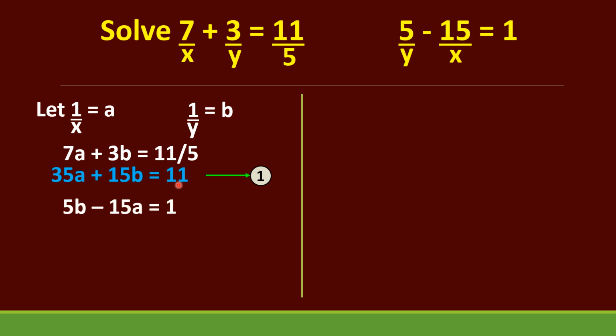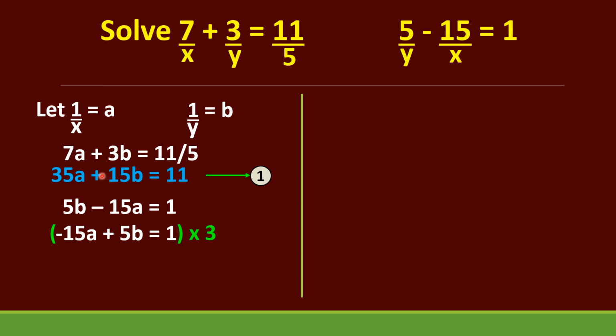So that is our first equation. Now the second equation: 5/y becomes 5b and 15/x becomes 15a, equal to 1. Now this 15a has to be taken to this side and 5b to this side to make the equation similar to the first one. So that will be -15a + 5b = 1.